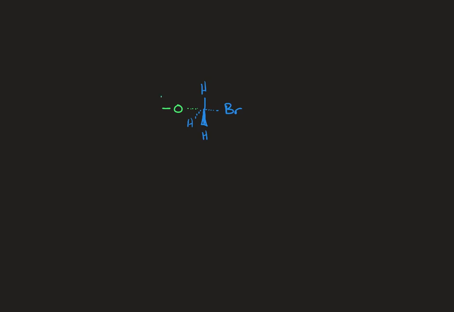But if this is a tert-butoxide, this is a CH3 there. We've got another CH3 hanging out down here. And one more hanging out back there. This is just a bulky group, and so there's a lot of steric clash happening there, and so big nucleophiles are not good at SN2 reactions.